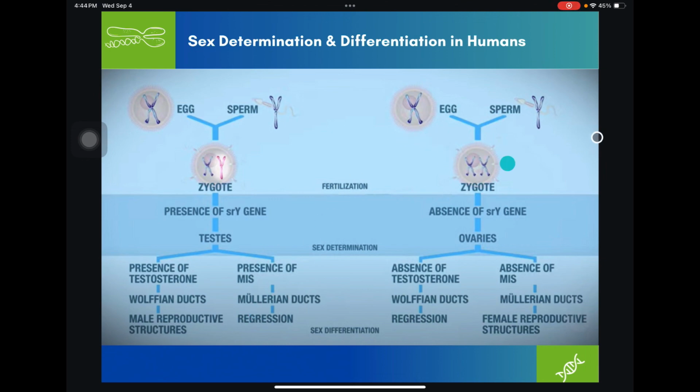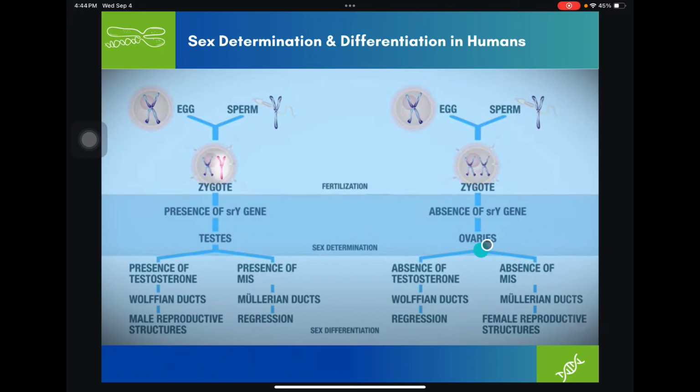If we compare this with the female, the zygote contains the XX chromosomes, and since it does not contain the Y chromosome, it does not have the SRY gene. With the absence of the SRY gene, no testis will be developed, but ovaries will develop.